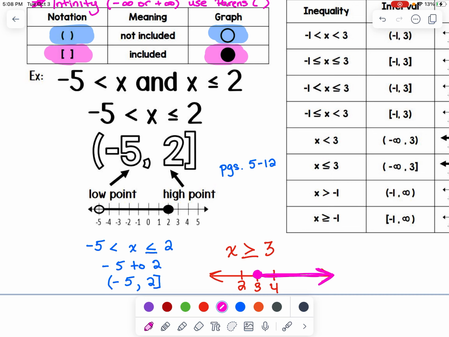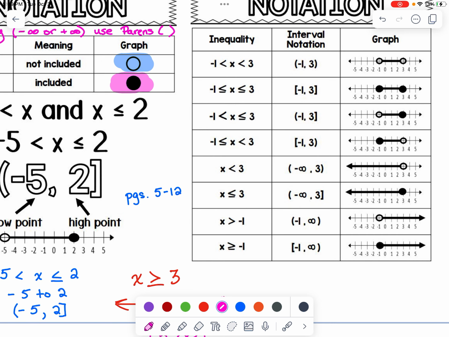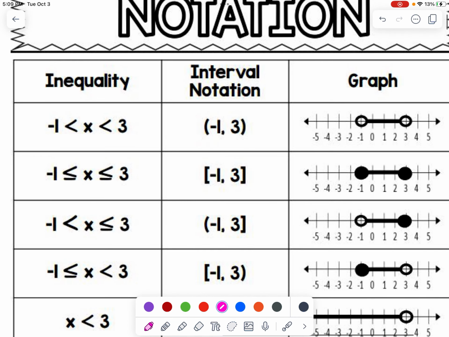Okay, I do have some examples here, which is great. We have these barbells, which we saw when we were doing inequalities earlier in the year. The first one, -1 is less than x, which is less than 3. So it's between -1 and 3, but not including either, so open circles. As we move down, if it includes -1 and 3, we have the closed circles.